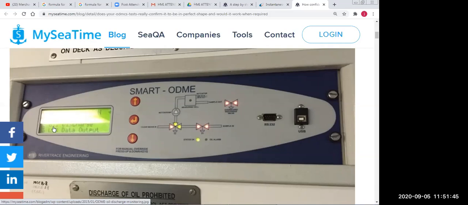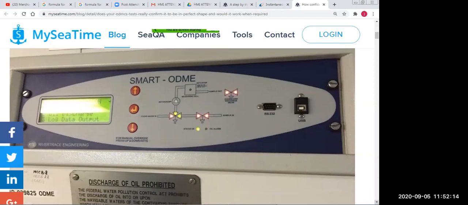Then again we manually enter some ppm which makes it more than 30 liters per nautical mile. When it is more than 30 liters per nautical mile, the overboard discharge will close automatically. So we are just testing every month on the ship with fresh water, and then again secure all the lines, and there will be a printout, and we make the entry in the oil record book.